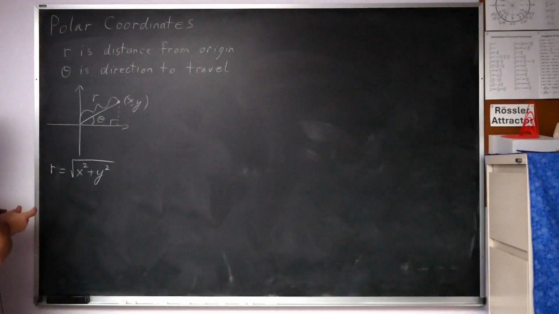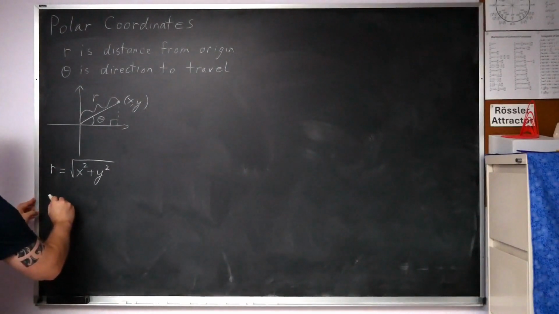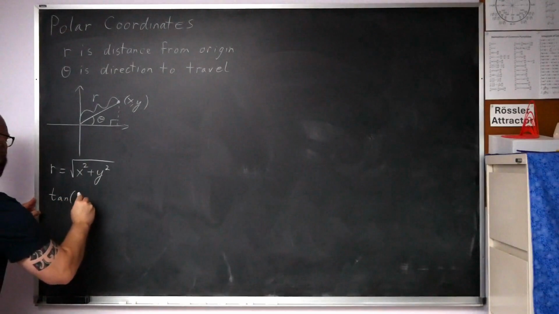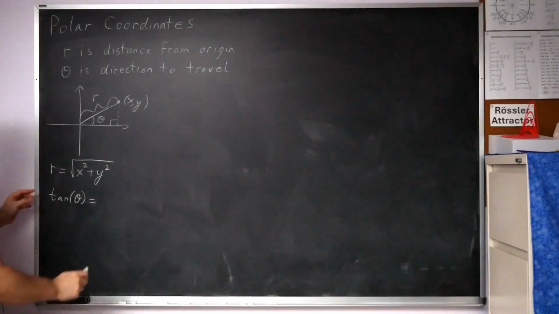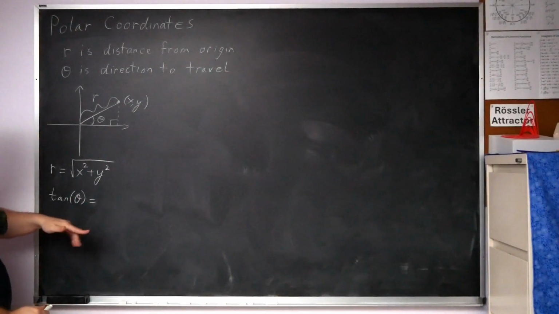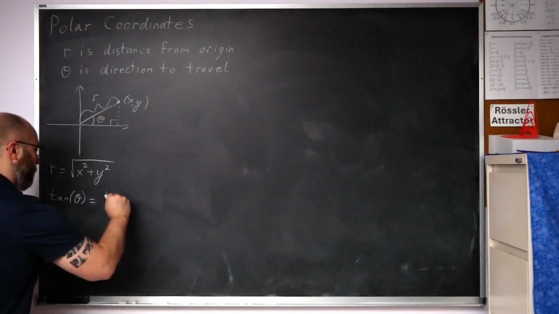For theta, I can use tangent of theta, which is equal to the opposite over the adjacent. The opposite side is y, the adjacent side is x, so tangent of theta is y over x.